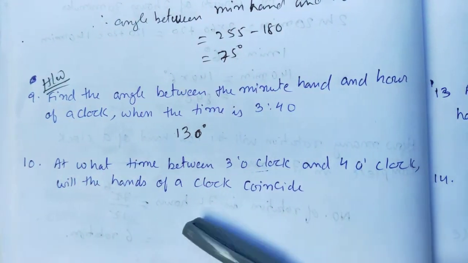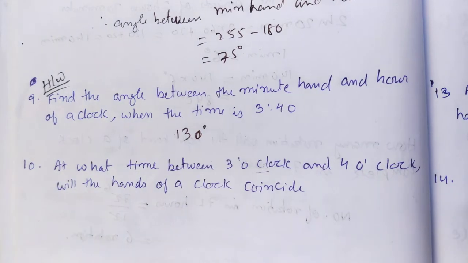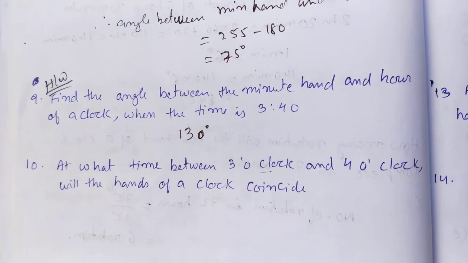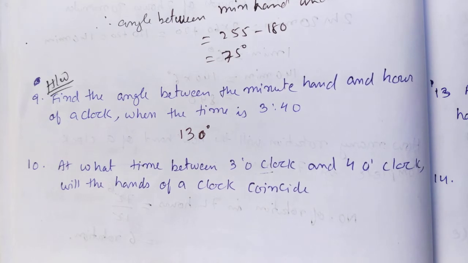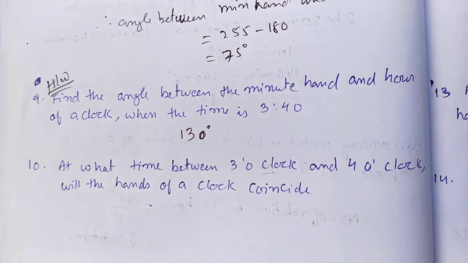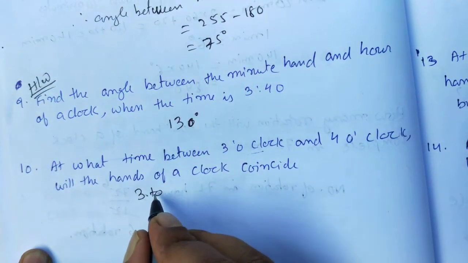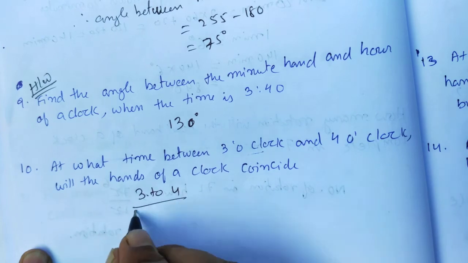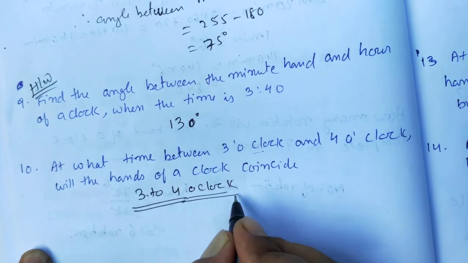At what time between 3 to 4 will the hands of a clock coincide? So you have to write 3 to 4, 3 to 4 o'clock.